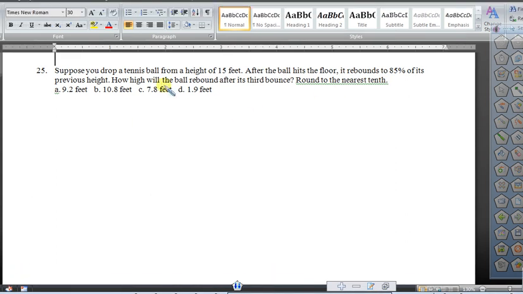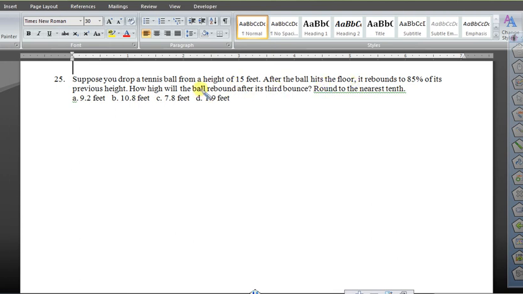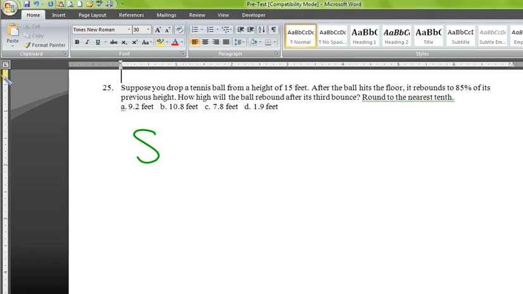This one's almost identical. Thanks to 7th period, we figured out that it's not going to be 3. It's actually going to be 4 because of the same reasons we used before. So you're looking for how high the ball will rebound after its 3rd bounce. So you're not looking for the sum on this one, you're looking for the actual nth term, the 4th term.